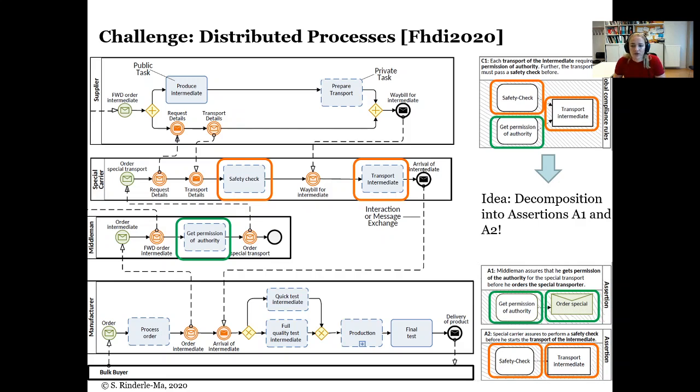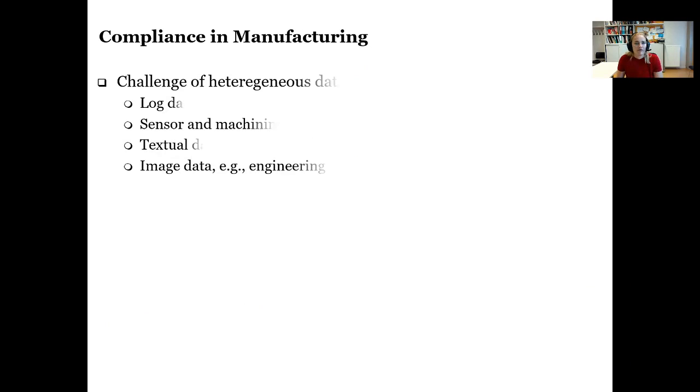These would be the assertions here, and you can see that both of them can be checked by the partners in a separated way. We have then also theoretically shown that a combination again leads to the original global compliance rule.